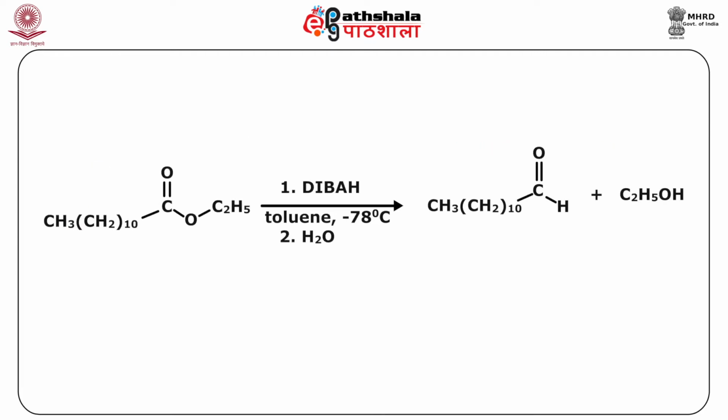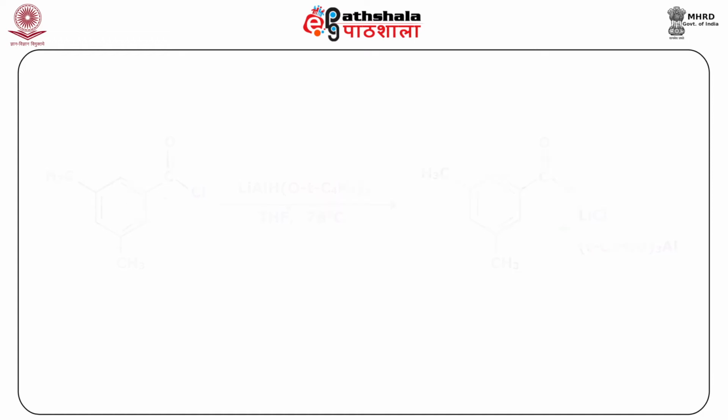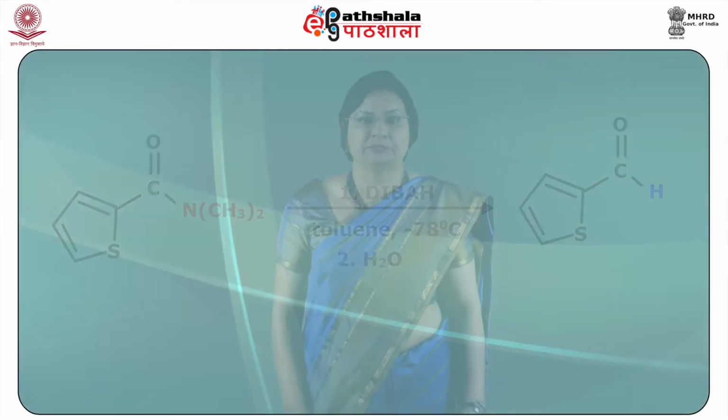Another example is this particular ester, which again with DIBAL gives this aldehyde after hydrolysis. Shown here are examples of reduction of this acid chloride into aldehyde using this particular reducing agent, and similarly this acid amide is effectively reduced to the corresponding aldehyde by using DIBAL.